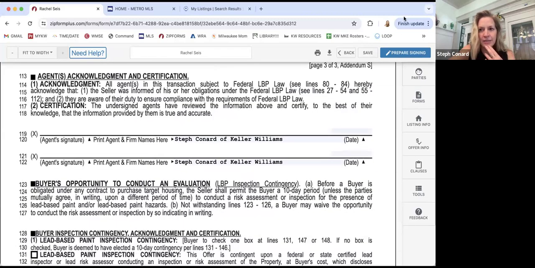I would say in practice, we're not seeing too much lead-based paint testing actually happening in an offer. That's not to say that it doesn't happen sometimes.